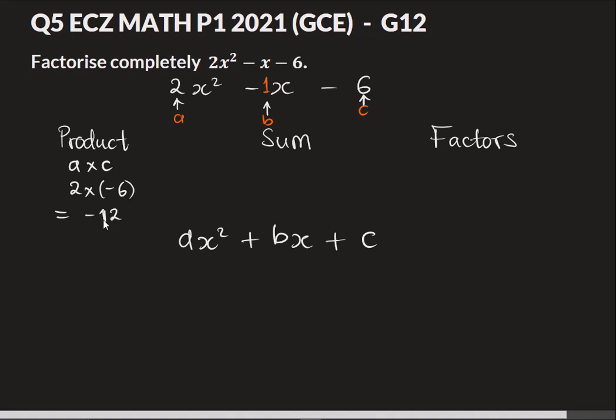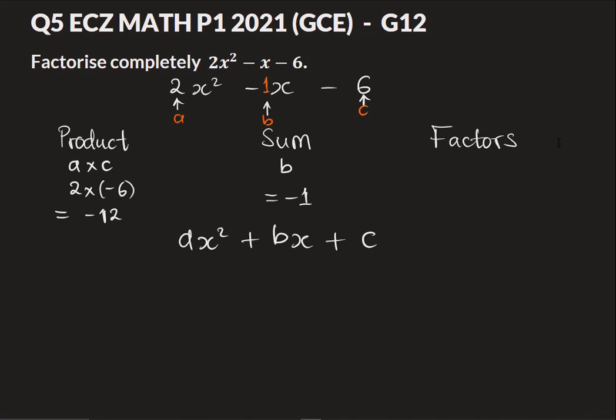Next, we should look for our sum. Our sum is the b. And in this question, our sum is equal to negative 1. Then the trick here just comes to knowing what your factors are.